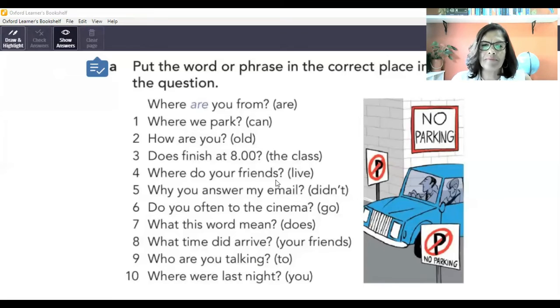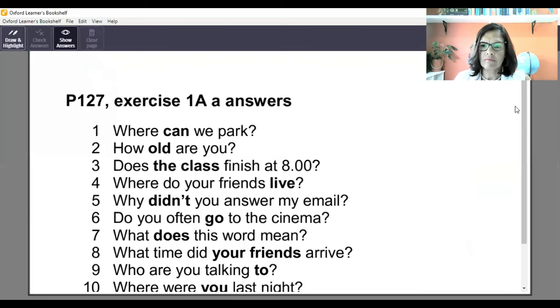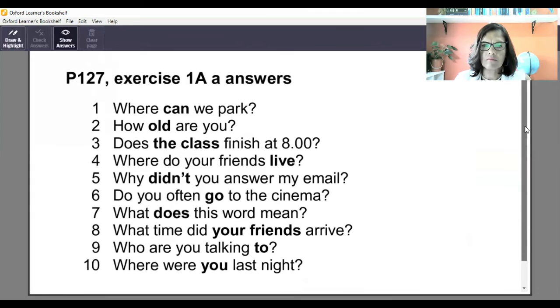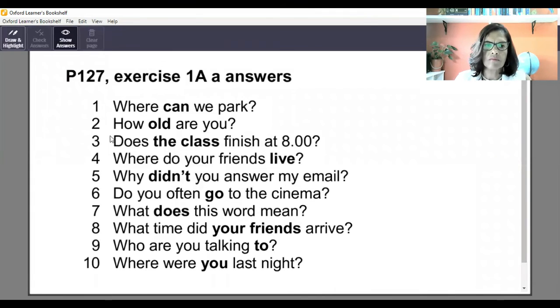And then, are you finishing? Let's check together. Number 1, where can we park?